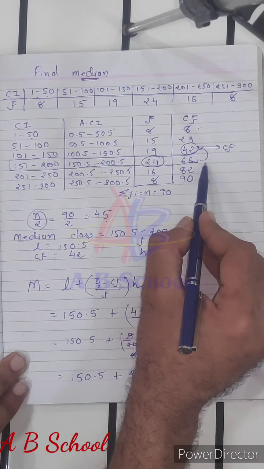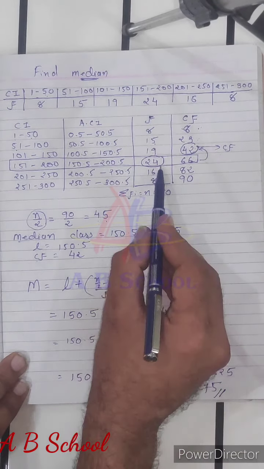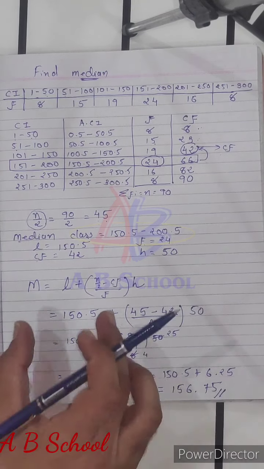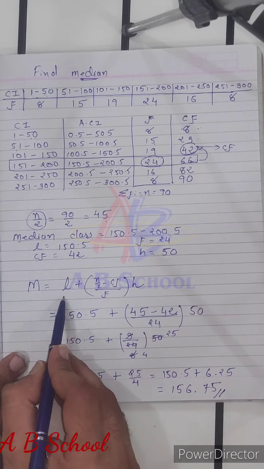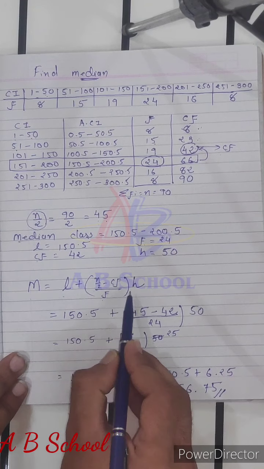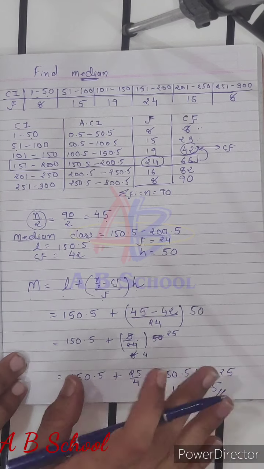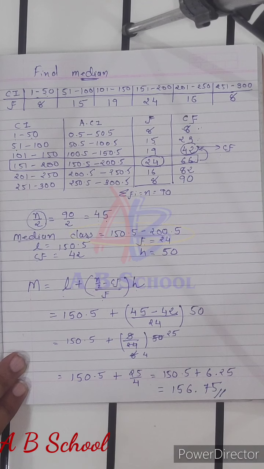CF is the preceding cumulative frequency of the median class, and f is the frequency of the median class. The formula is m is equal to L plus n by 2 minus Cf, divided by f, into h. So this is my median. Thank you.